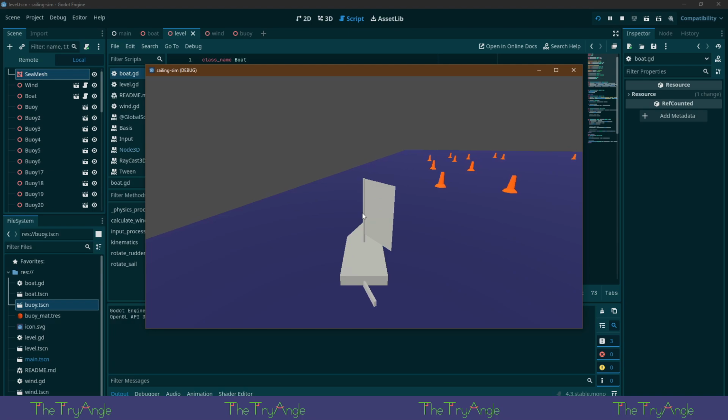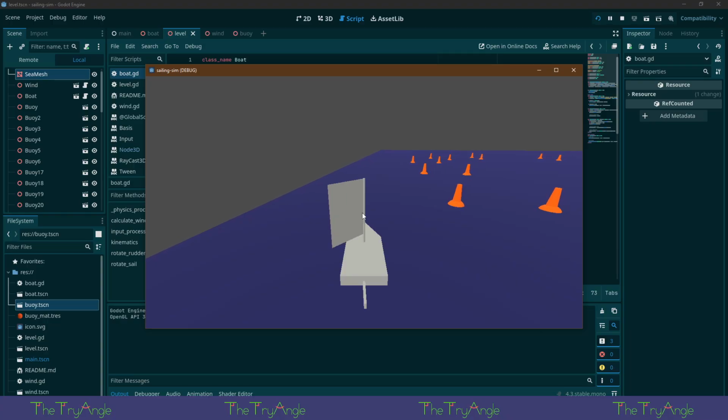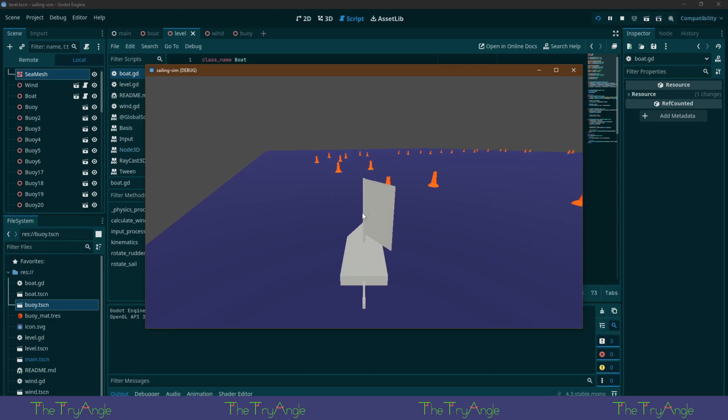I guess I do need to be able to drift a little bit to turn. Oh, yay. Okay.